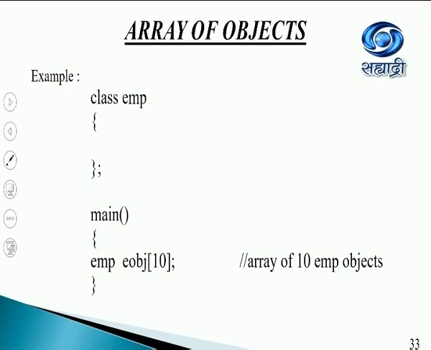Just like in arrays, the first element will start with 0, and in this particular case, the last element will be 10 minus 1, 9, because we've started with 0. Remember, in C++, arrays will always start with the 0 index. No other initialization is permitted.